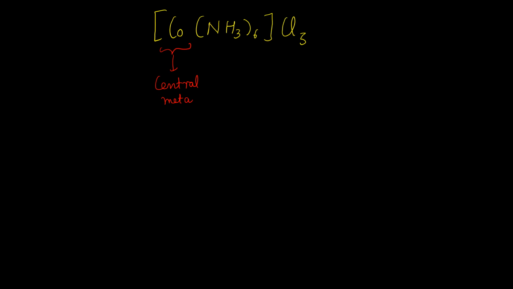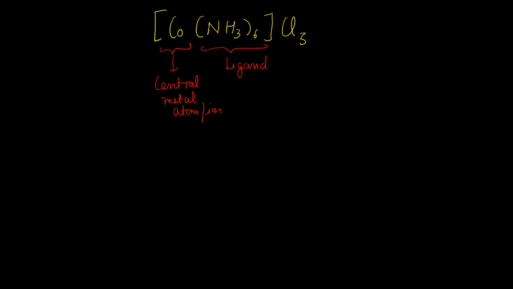Again, we will take the same example. Co(NH3)6 3+, Cl3. Now in this case, you already know this cobalt is the central atom, central metal atom or ion. This ammonia is the ligand, or neutral molecules.